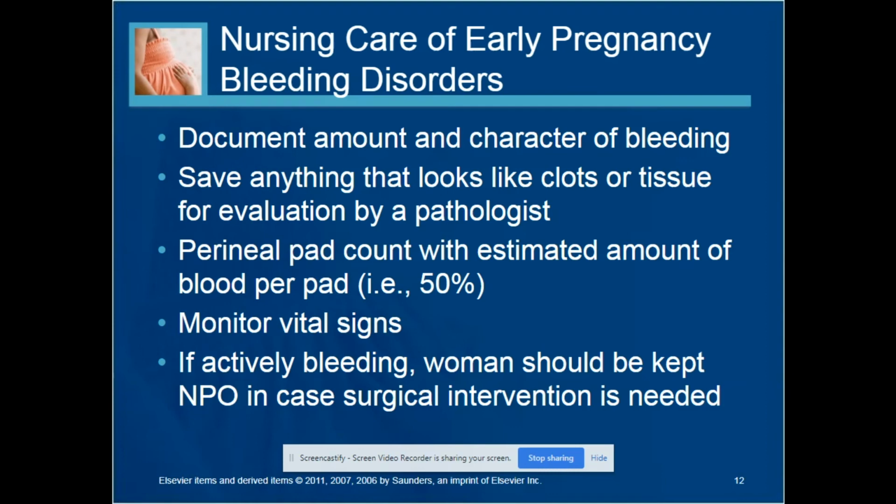That's completely different than your other patient 2 doors down who has had 2 pads with only 25% blood. That's how we estimate how much blood these people are losing.